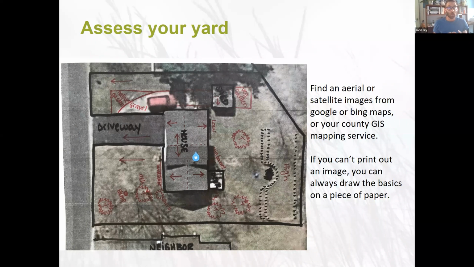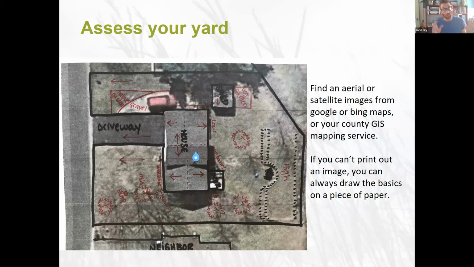You can use Google or Bing Maps, or every county in Minnesota has a GIS mapping service. If you type your county GIS map, you can find your property through that, and that'll have your property lines marked on it.